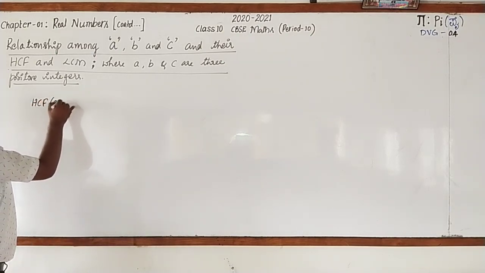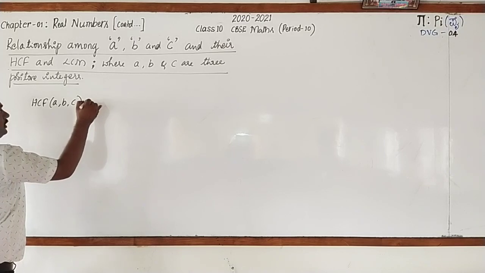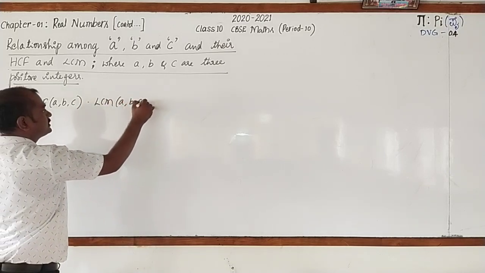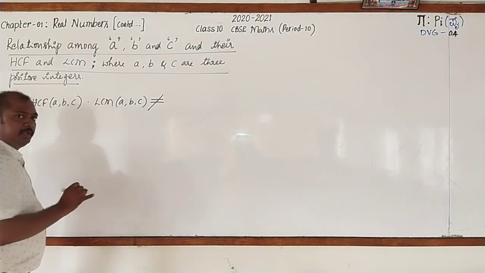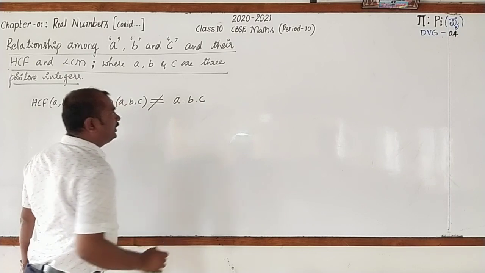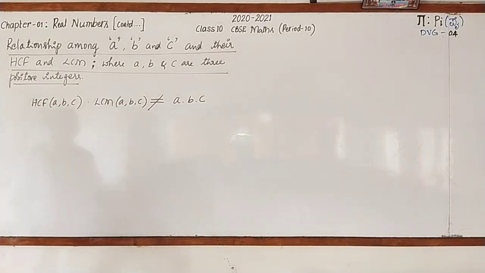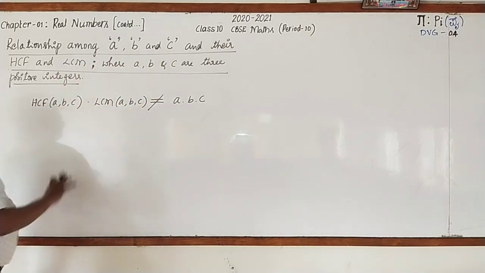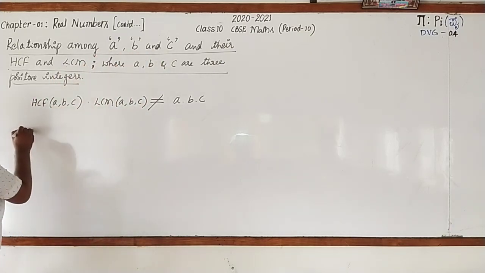HCF of A, B, C into LCM of A, B, C will never be equal to the product of A, B and C. Then the statement which gives the relationship among these three numbers with their HCF and LCM can be written like this.